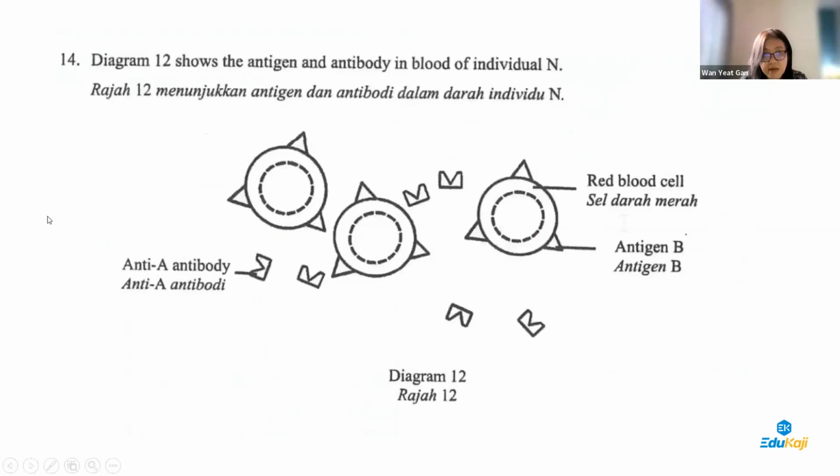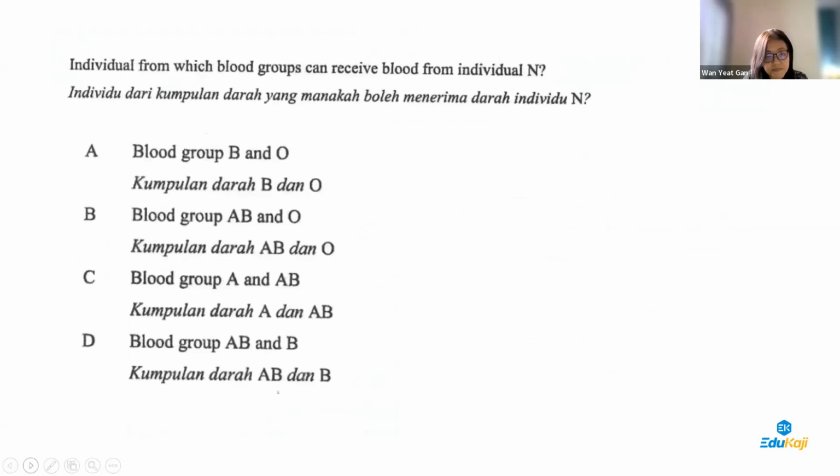14. Diagram shows the antigen and antibody in blood of individual N. You can see that the person has antigen B and antibody anti-A. Individual from which blood group can receive blood from individual N?